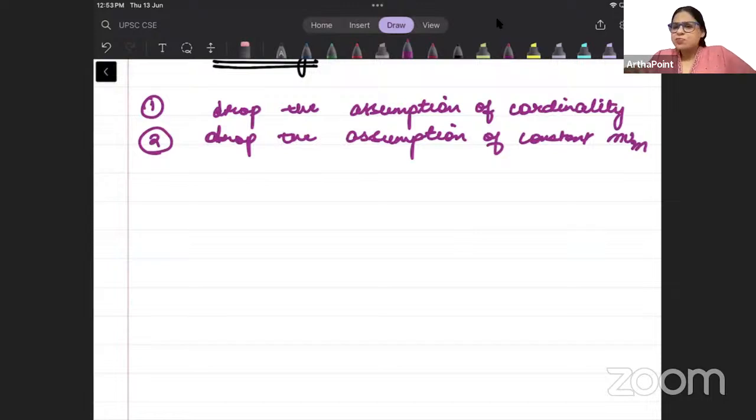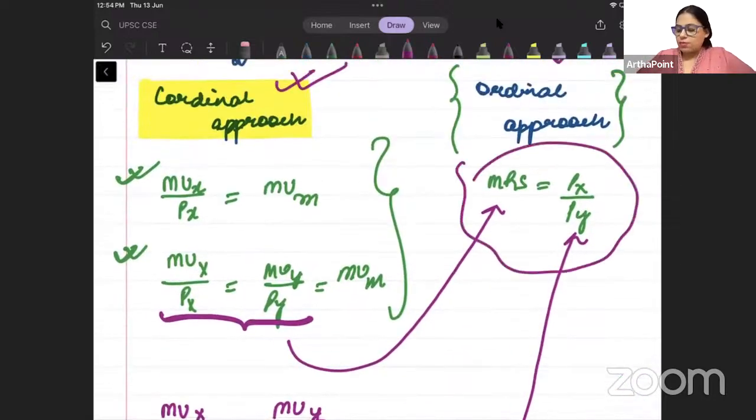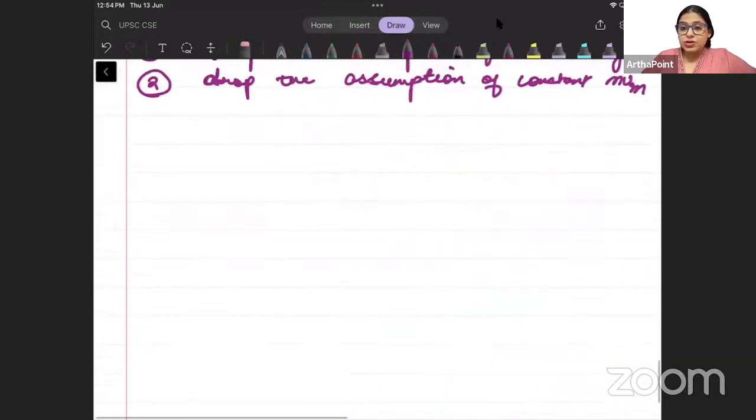I told you that money should be treated like any other good and its marginal utility should not be constant. But the very fact that we are assuming constant marginal utility was a problem with cardinal utility. So now that is dropped. Now we are relaxed, because in this approach nowhere are we talking about MUM. We are not worried about the marginal utility of money anymore.